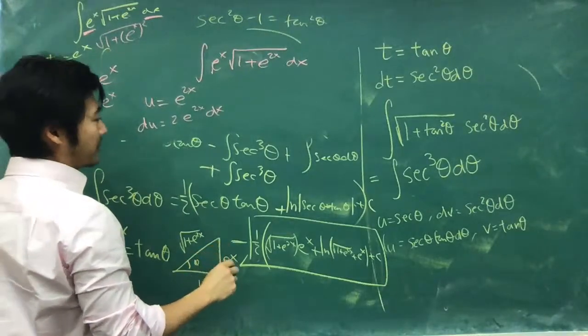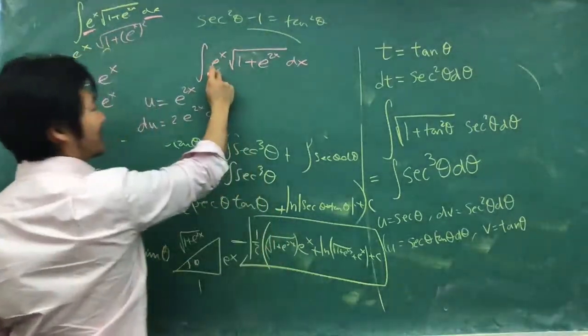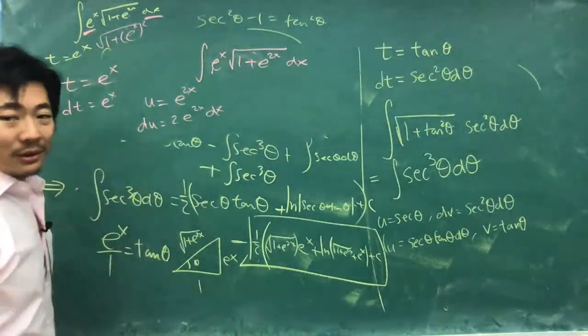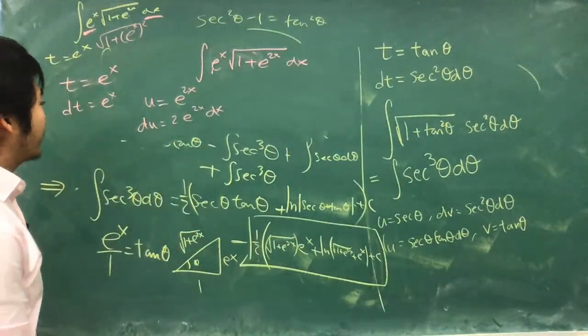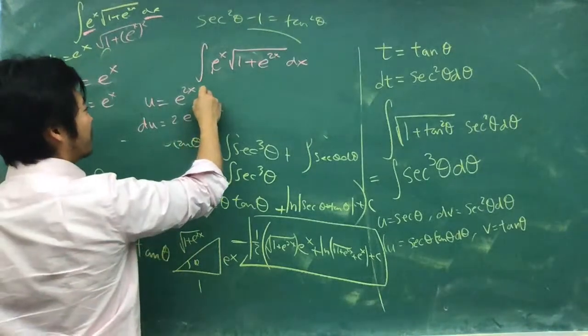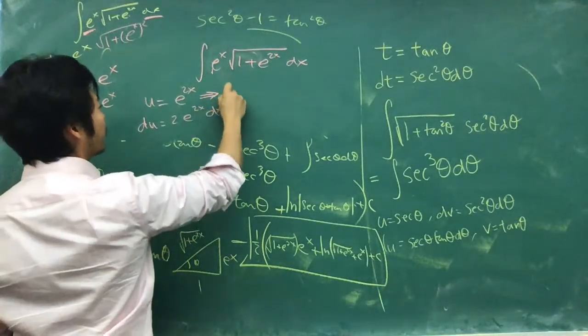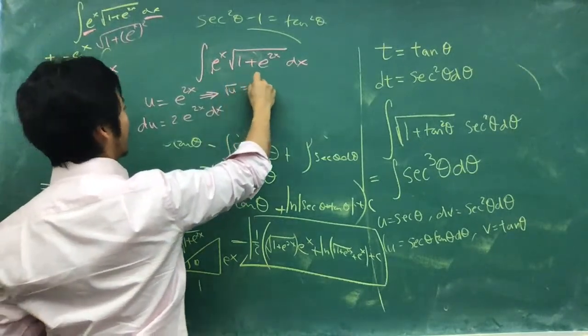And so you get kind of stuck because this is e to the x. There's no such thing as square root of u. I suppose you could potentially do this. So root u is e to the x.